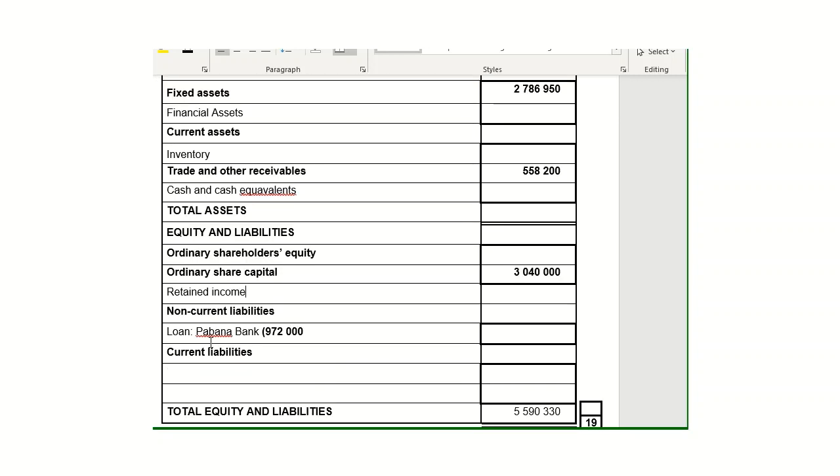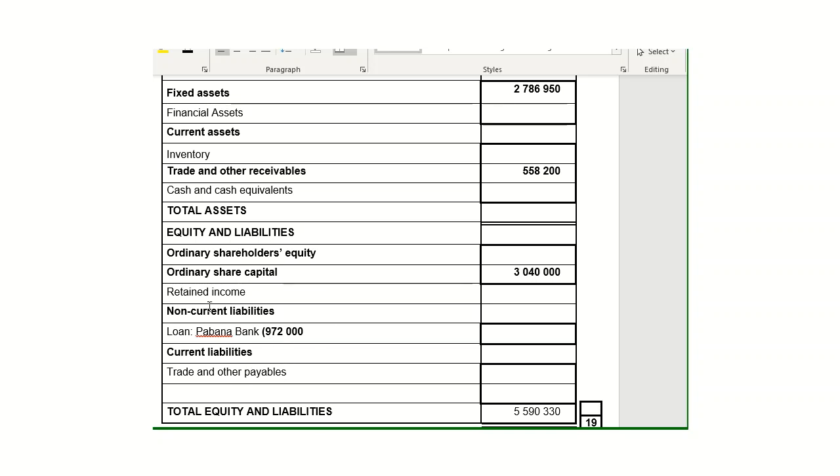Under current liabilities, we'll have trade and other payables, so we can put trade and other payables in, and then it will have things like the short-term portion of the loan or bank overdraft or whatever.